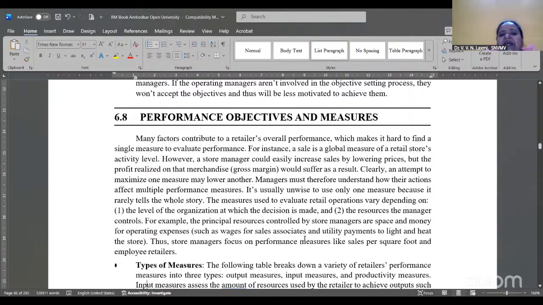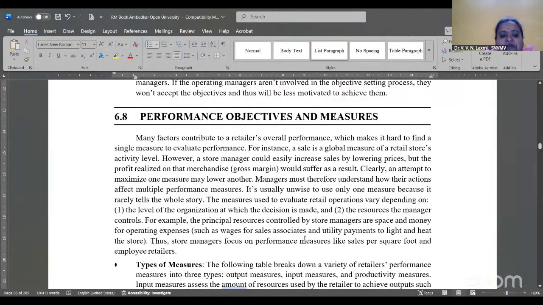Now, let us look at the performance objectives and measures. The measures used to evaluate retail operations may vary. They may vary depending on the level of the organization at which the decision is made, and the resources the manager controls.